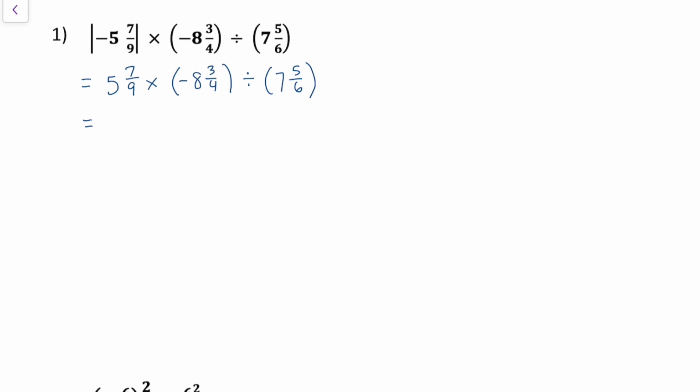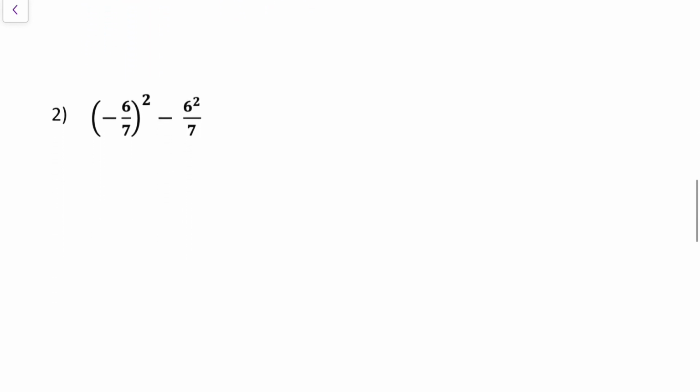And I get negative 50 and 5/9, and I'm dividing that by 7 and 5/6. And I get negative 6 and 64 over 141. So the first thing I did was my absolute values, then I did my multiplication and division in the order it comes up.